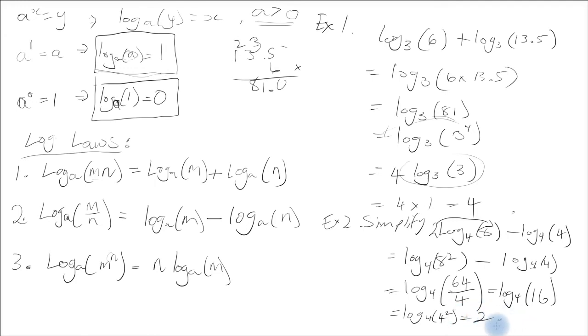And we're done with that example as well. So a quick note on this example 2, there are multiple ways to do these questions. If I wanted to, I could have started this whole thing off by saying that this bit here is actually 1, and then done the other things as well, and I would have also got the same answer of 2. So you can try that yourself to prove that these can be done multiple ways.